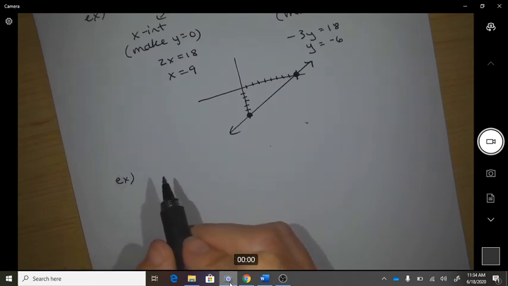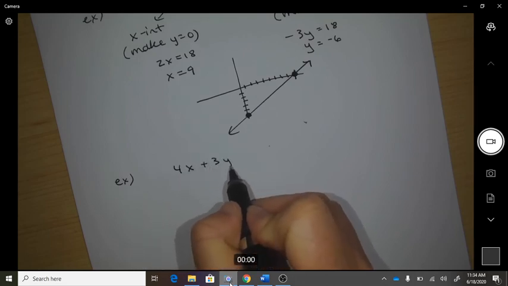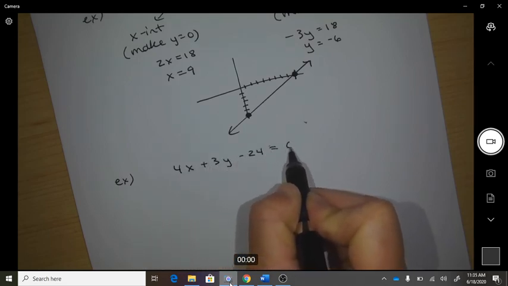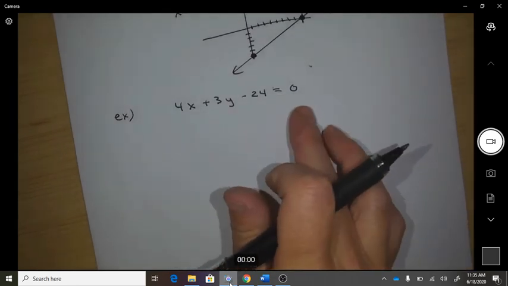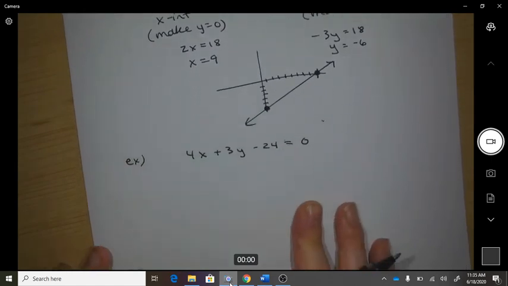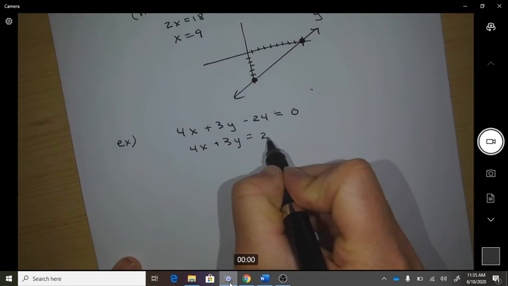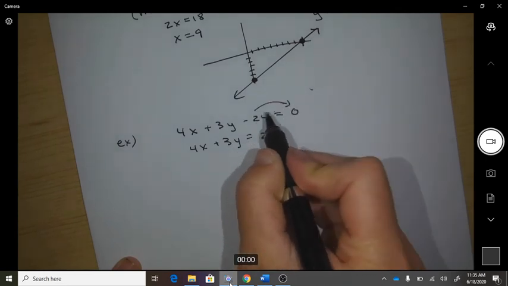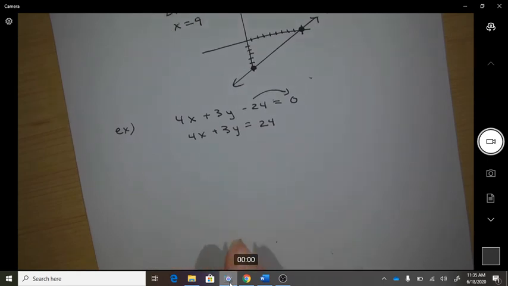Next example, we'll do one more. Just a little bit different. On this one, what I would probably do first is move this number so that it looks the same as those ones. So 4x plus 3y, and now if I move this, I'd have to add 24 to move it, and I would get 24 on that side.